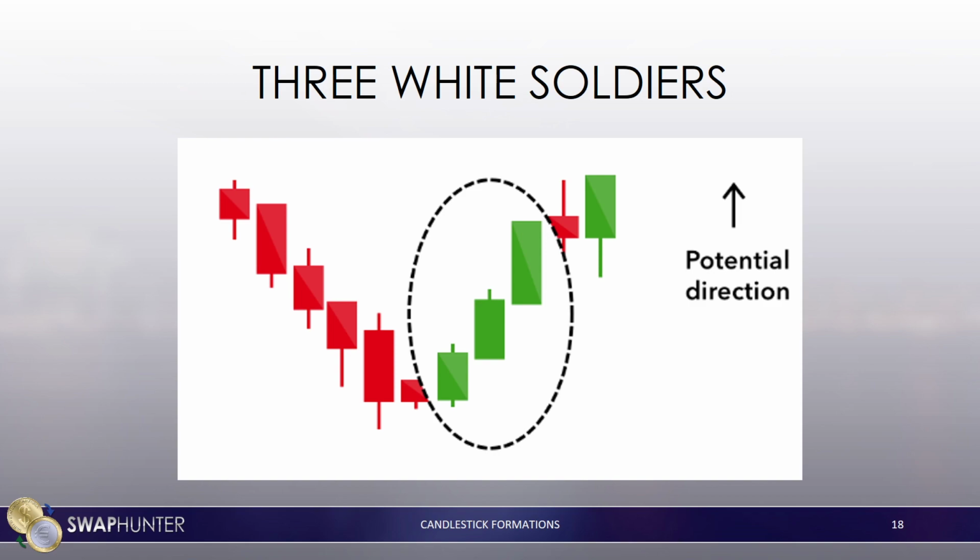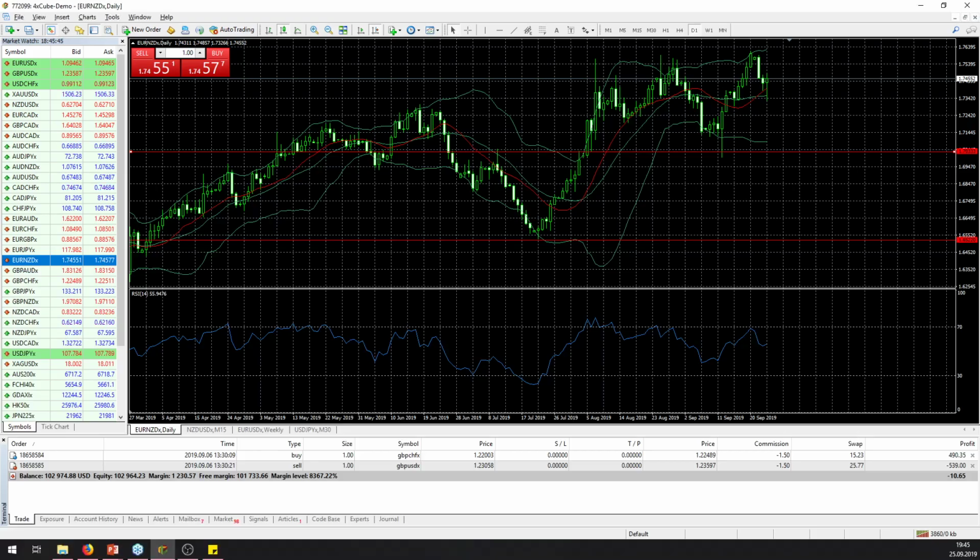So let's have a look and see how we can trade the 3 white soldiers. Essentially, we can show you exactly how to identify and how to trade it.